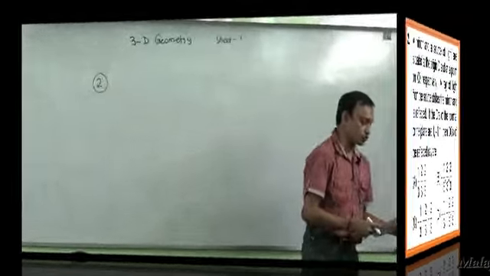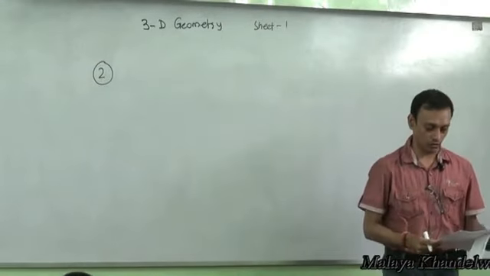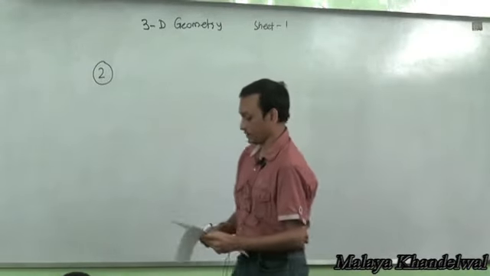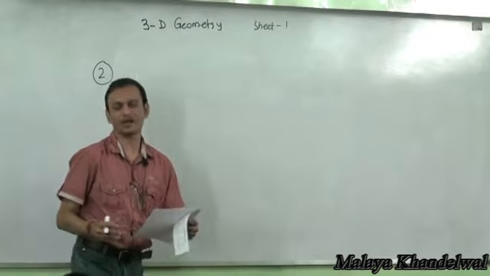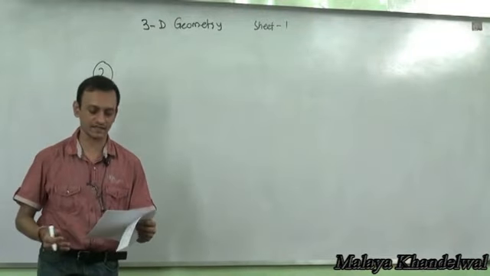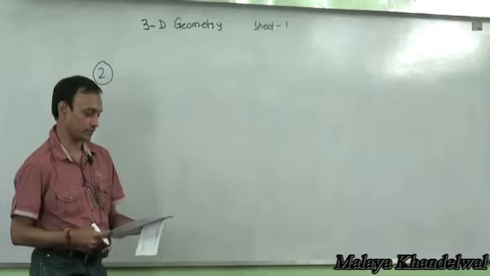A mirror and a source of light are situated at the origin O and a point on the x-axis, OX being the x-axis, respectively.